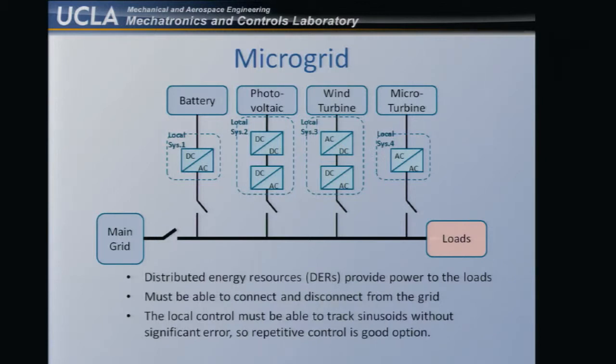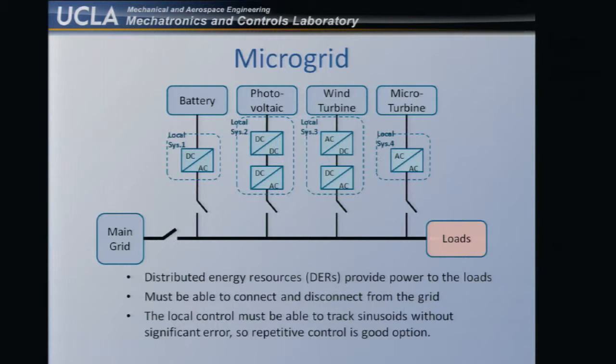Then there are loads, and right now in this work, all the loads were resistive loads. It was mentioned in the previous talk about reactive load, and certainly that would have an impact on the control design here. And of course, the grid could be connected or not connected.